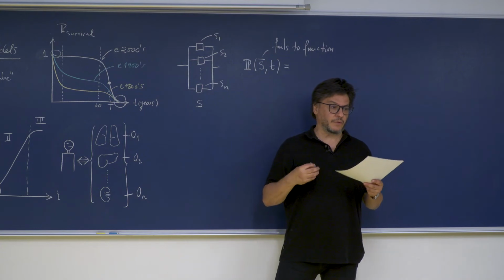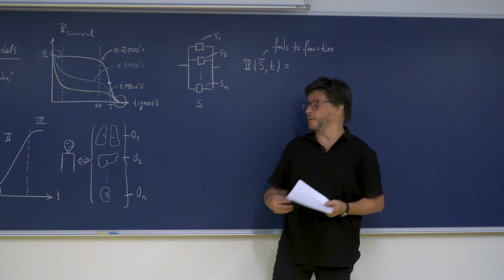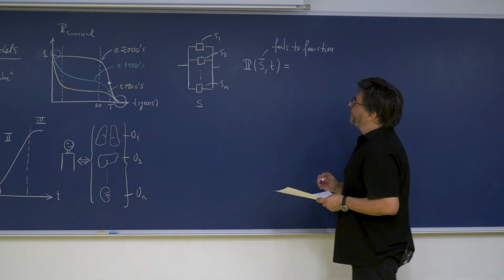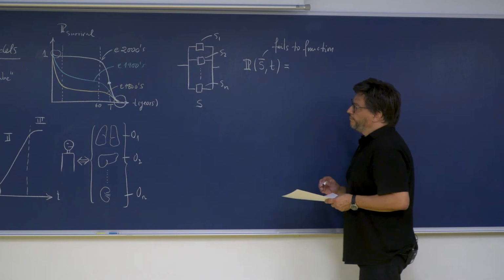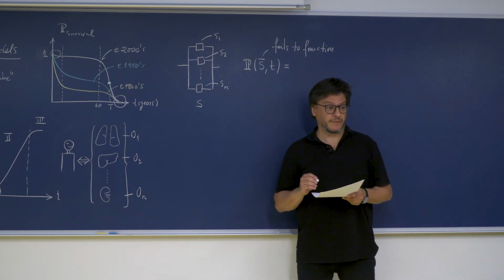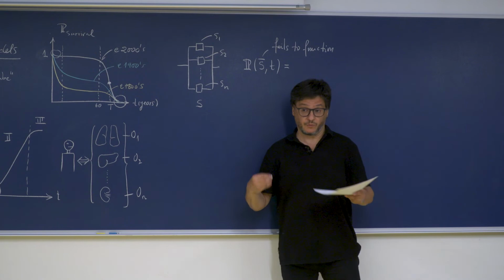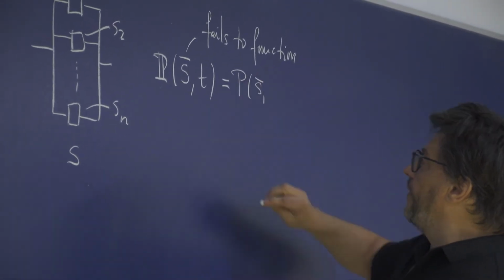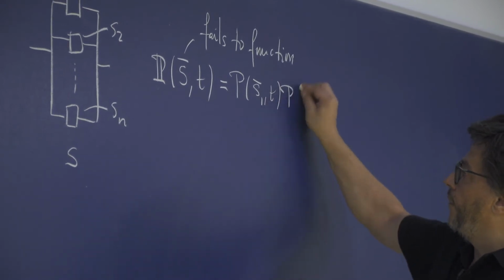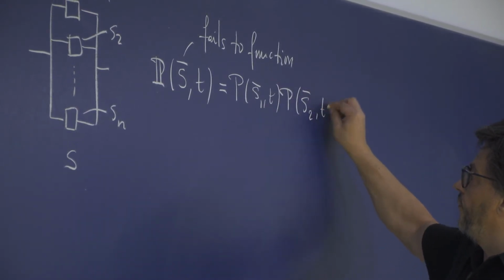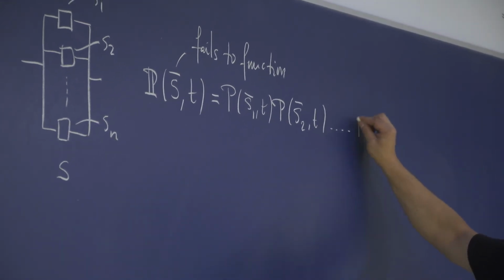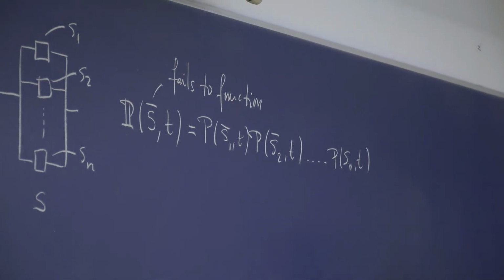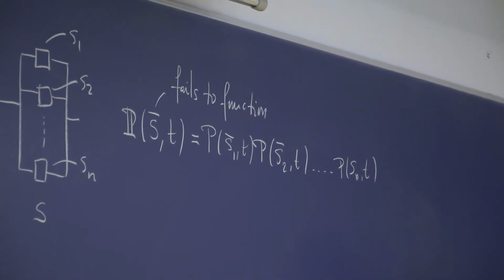In order for an organ to fail, in a very abstract way, I need to have a massive failure of the system, okay? So, the only potential case where the parallel system can fail is that every single unit fails. We know that. Meaning that it is the probability that system 1 fails at time t, probability that system 2 fails at time t, etc., etc. And again, I'm supposing that they have n parallel parts, okay?